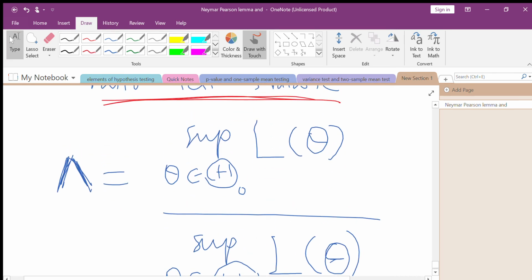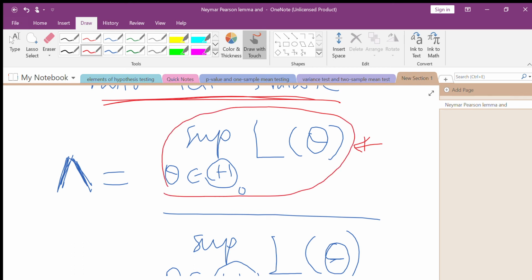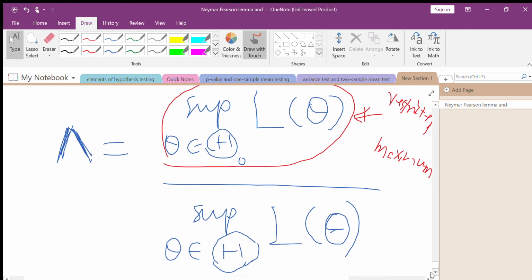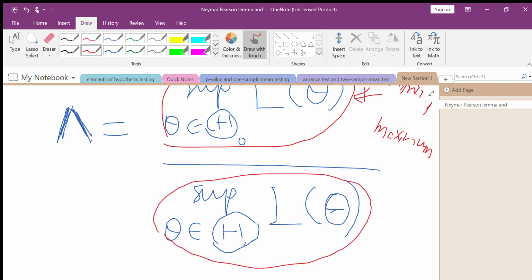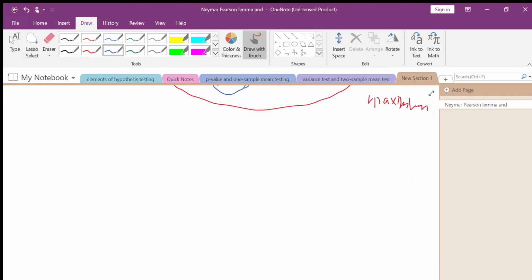So the likelihood ratio test statistic is defined as the ratio where the numerator is the restricted maximum, and the denominator is the global maximum.